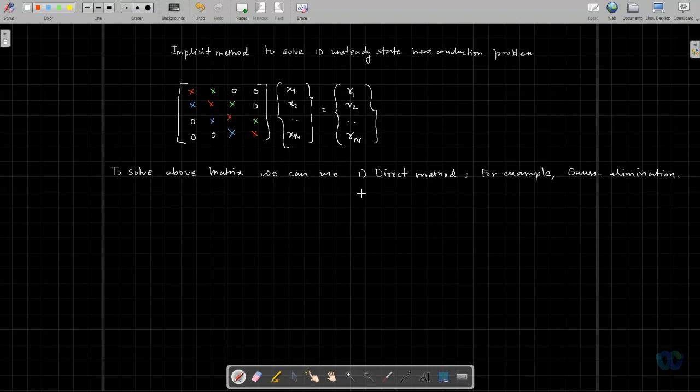But if you see here, since there are 0 elements present here, and if we use Gauss elimination, unnecessarily a problem may happen. In order to remove these values, we may get some values here. We may not get all zeros here, and somewhere you may get some other value. That may be very cumbersome, and also the number of operations in Gauss elimination could be very high.